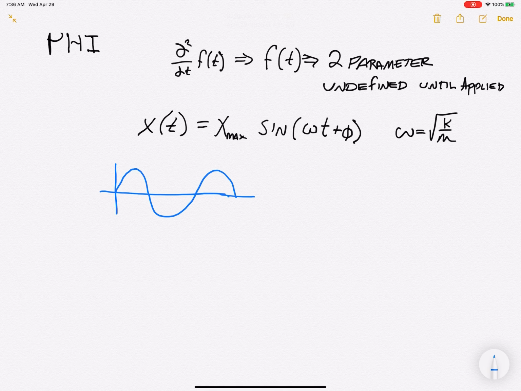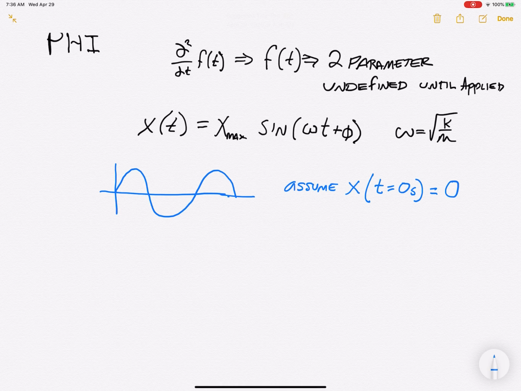The sine graph assumes that x at time t equals 0 seconds is equal to 0. Let me show you what I mean by that assumption.